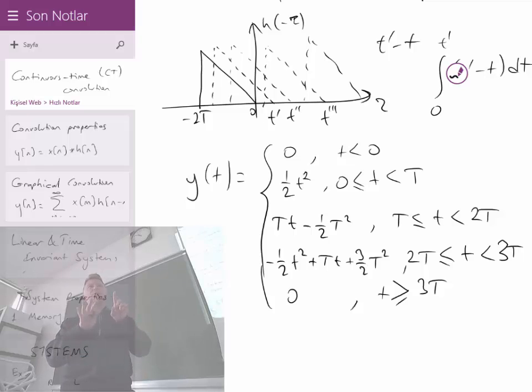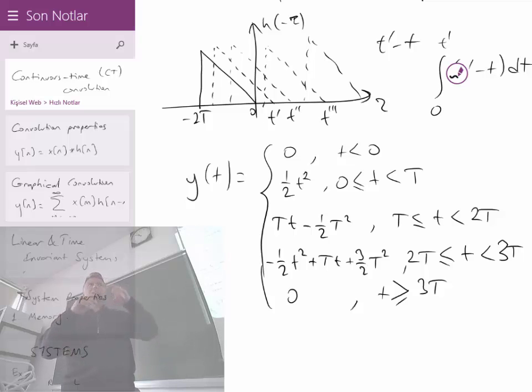And when you follow what's going on in the boundaries, for example, when t is equal to 0, this is equal to 0, so it's continuous. Before it was 0, and at t equal to 0, it's still continuous. At t equal to capital T, this is 1 over 2 capital T square. At t equal to capital T, this thing also gives you 1 over 2 capital T square.